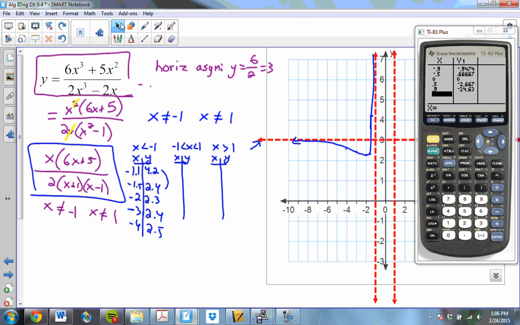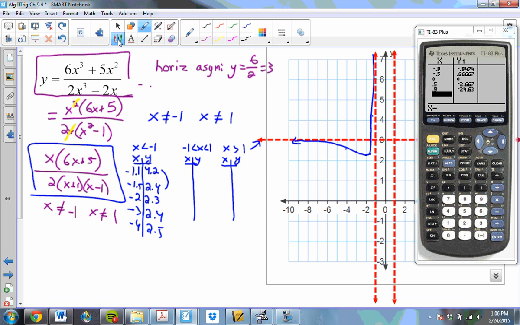But I'm going to try to make some more space for myself when I do this. -0.9, -0.94. -0.5, 0.67. 0, 0. Really? Yep, I guess so. And 0.5, -2.3. 0.9, -24. It's very low very quickly.